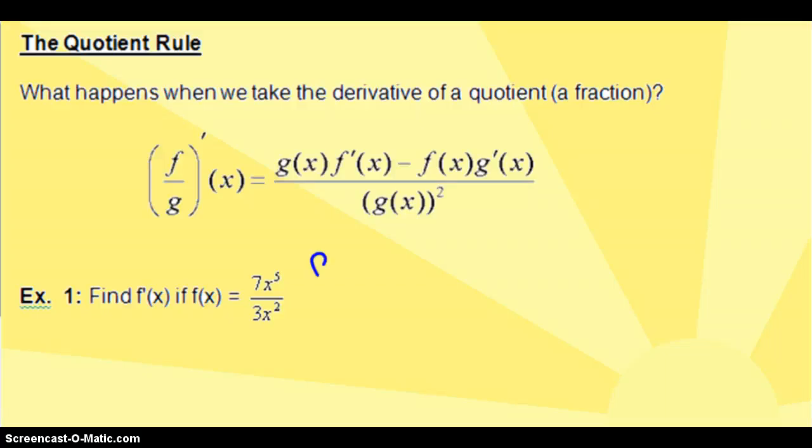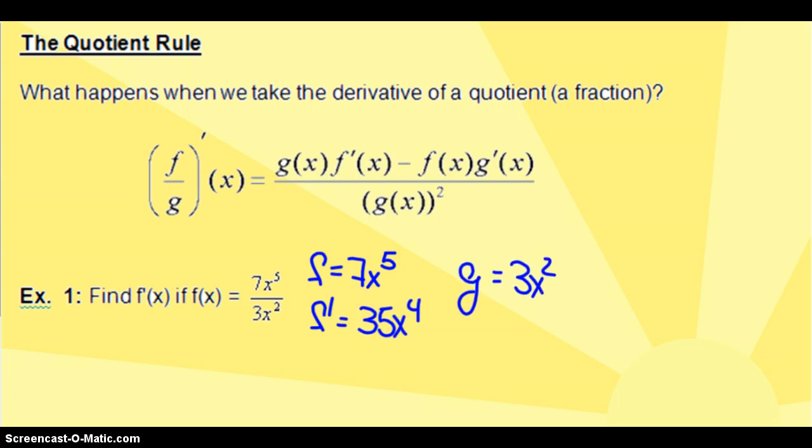So set it up. F is 7x to the fifth. F prime is 35x to the fourth. G is the 3x squared, and g prime is 6x.